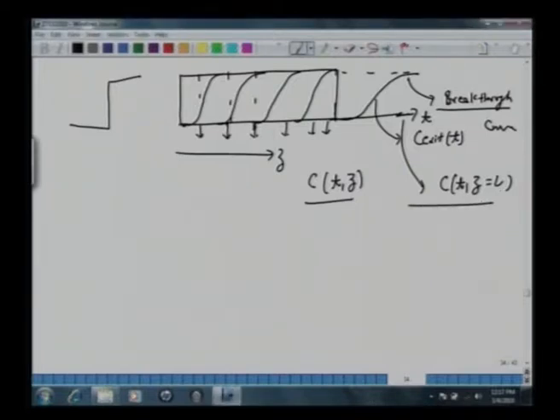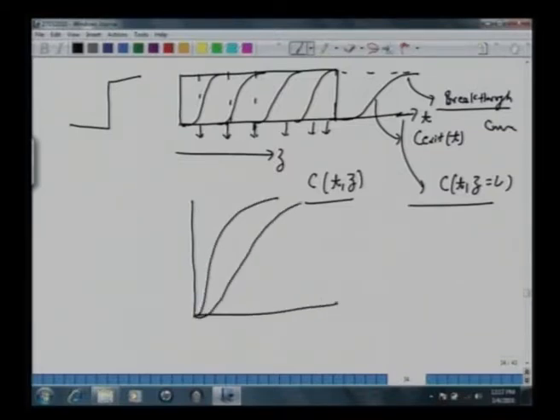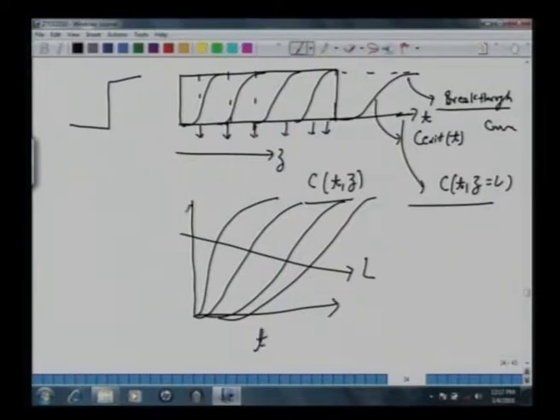If you can plot all of this in one, we have profiles like this, like this, like this. So this is increasing length, and this is time. So we are plotting it for different lengths at different times, and earlier we had plotted C along with Z for different times, where we got a profile like this.